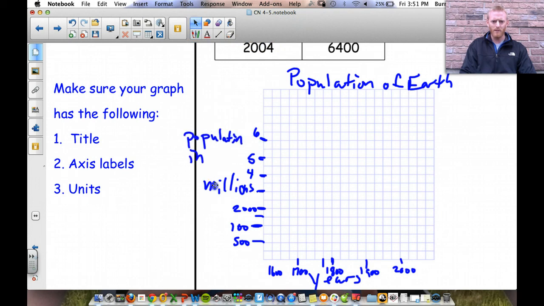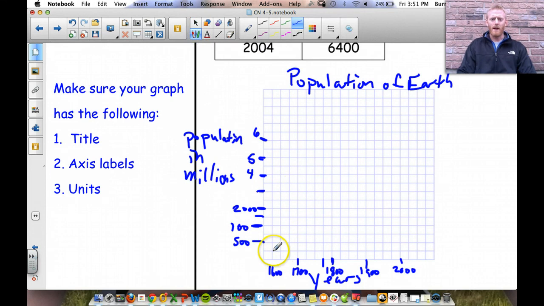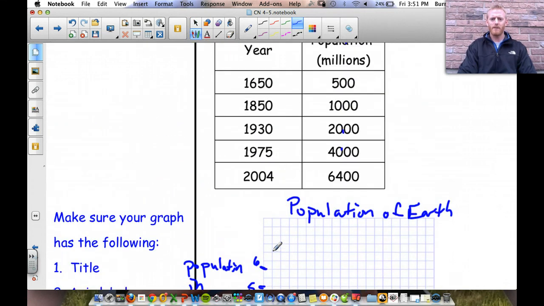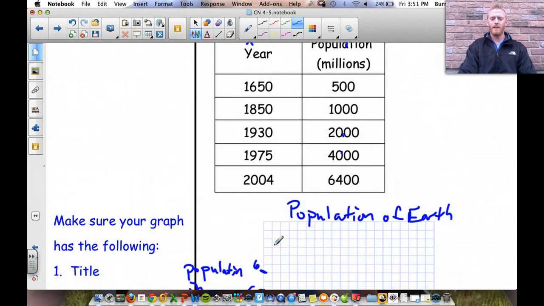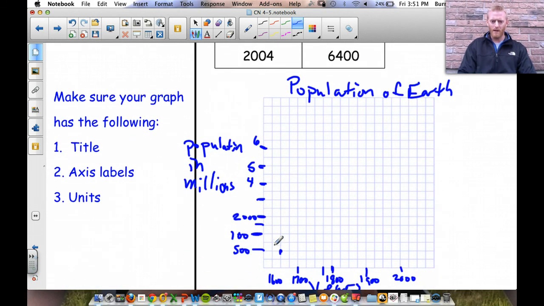Let's move some of this stuff out of the way. And now we can graph these things. At the year 1650, we're at 500 million. That's going to be right about here. At the year 1850, we're at 1,000, or 1 billion, right about here.